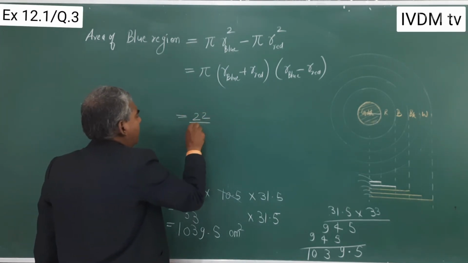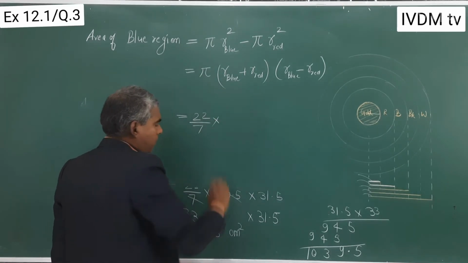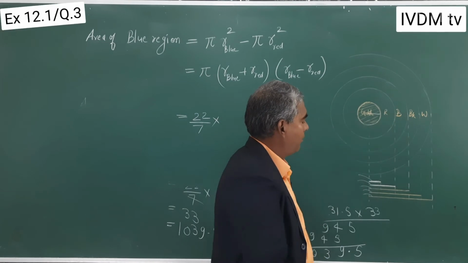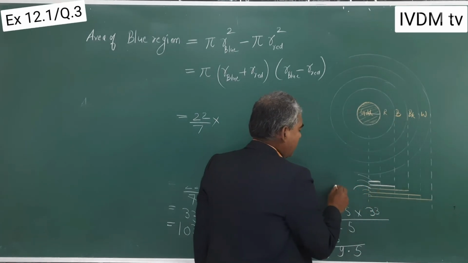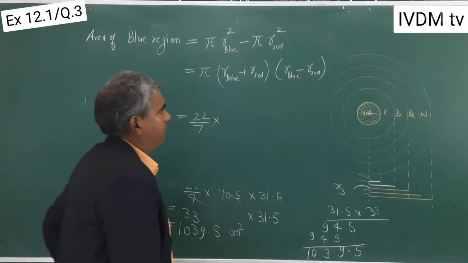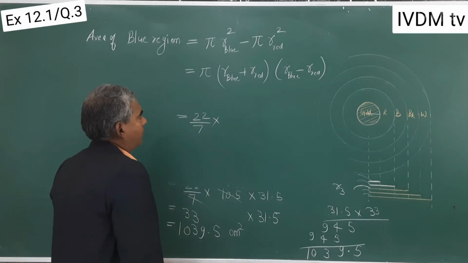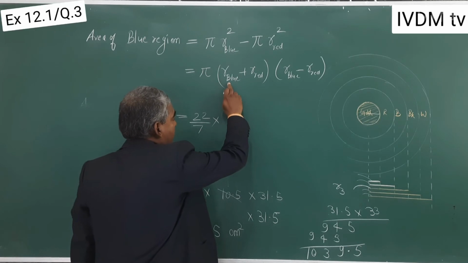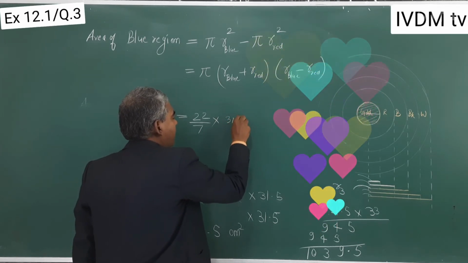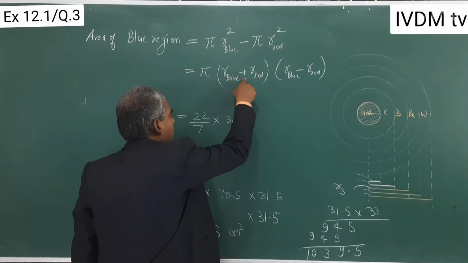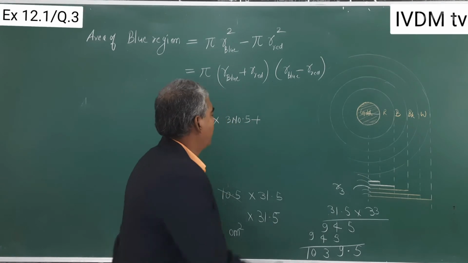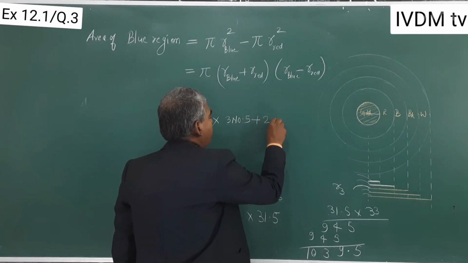Pi, 22 upon 7, r blue. Blue was the third, so 3 times 10.5, plus r red. Red was the second, 2 times 10.5.